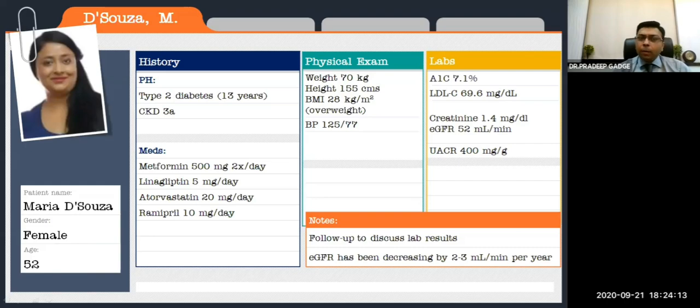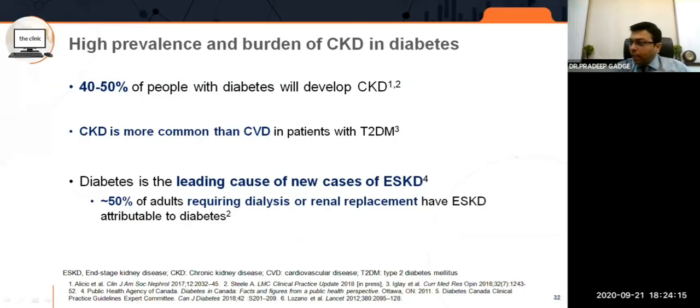Now let's see what is exactly the burden of CKD in diabetes. So 40 to 50% of people with diabetes will develop CKD, and actually chronic kidney disease is more common than cardiovascular disease in type 2 diabetes. And diabetes is now the leading cause of end stage kidney disease and patients requiring dialysis.